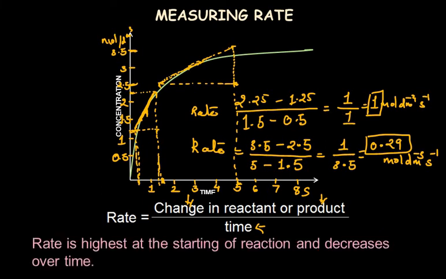And this does not apply to just one reaction, it applies to all types of reaction. That is, the rate is highest at the start of the reaction and it decreases over time.